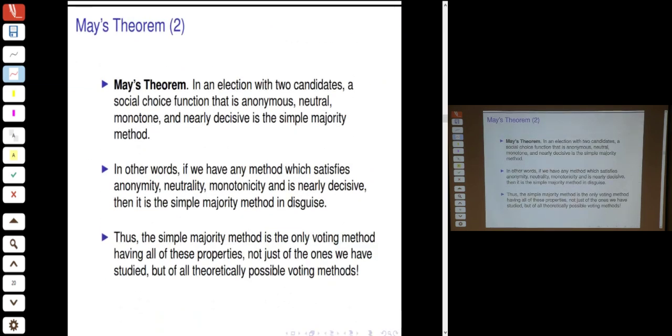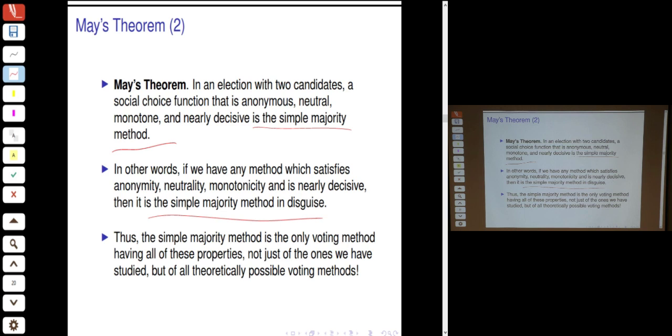So let us recap May's theorem. In an election with two candidates, the only social choice function that is anonymous, neutral, monotone, and nearly decisive is the simple majority method. Any questions? Any doubts? In other words, if you have any method which satisfies anonymity, neutrality, monotonicity and is nearly decisive, then it must be the simple majority method in disguise.